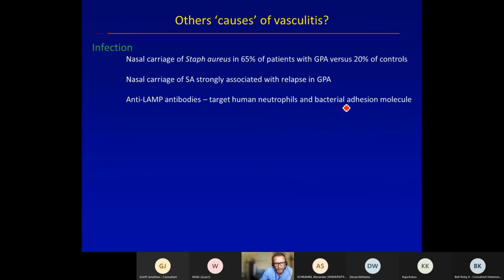So you have infection with particular bacteria that contain this particular antigen, you generate antibodies against it, and then there is cross-reactivity with antigens within human neutrophils, and it then primes neutrophils in the same way that ANCA does and can be a mediator of disease. So there's reasonable evidence that infection can at least be a trigger for vasculitis.